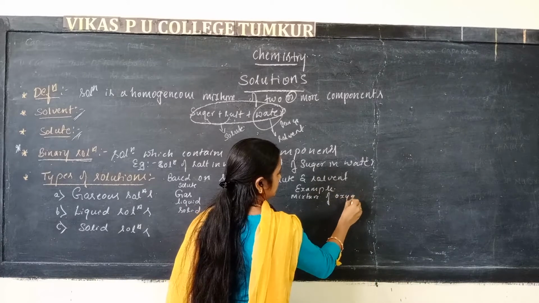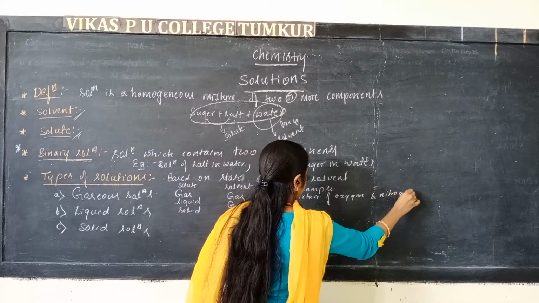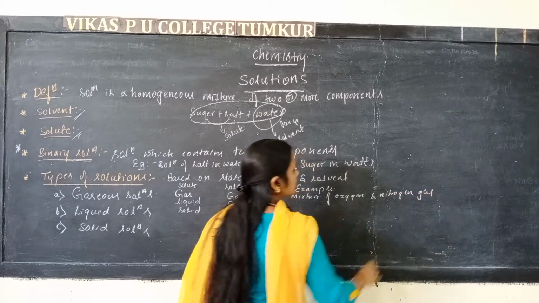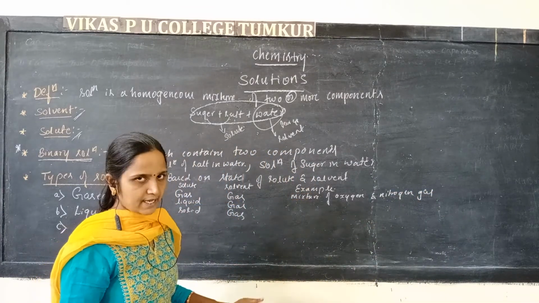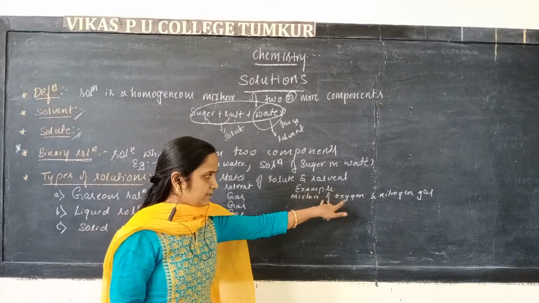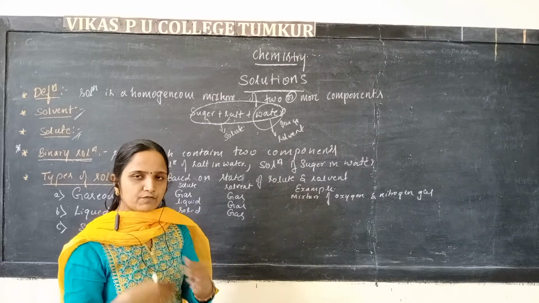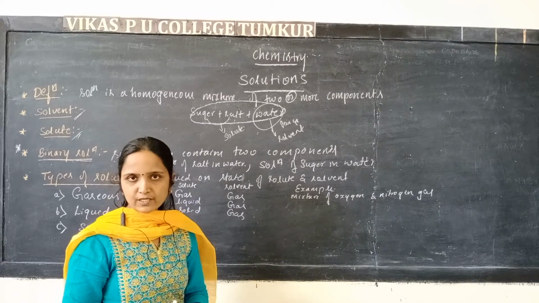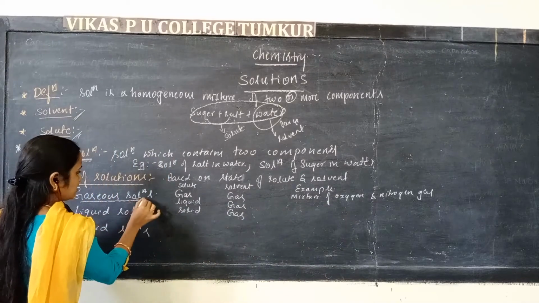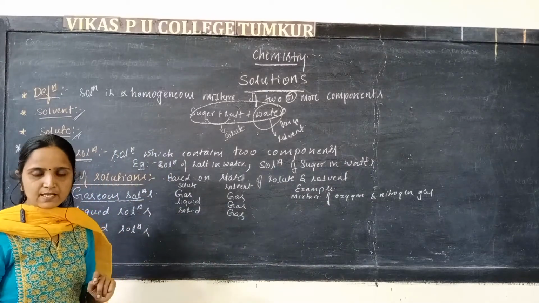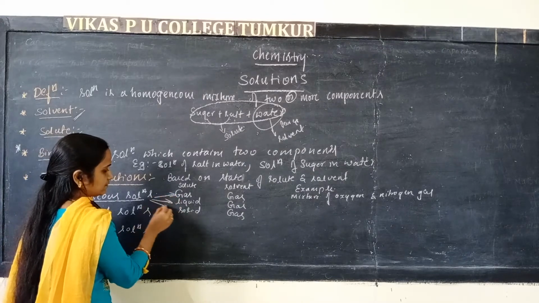We know that both oxygen and nitrogen are gases. When they are mixed, they form a homogeneous mixture that we call a solution. Particularly, we call it a gaseous solution.